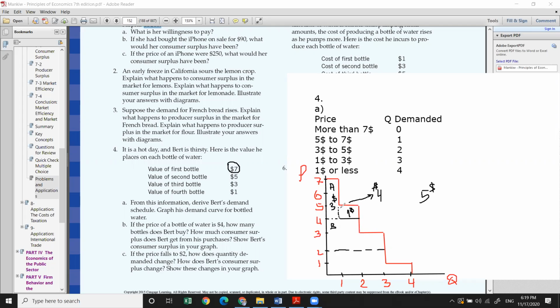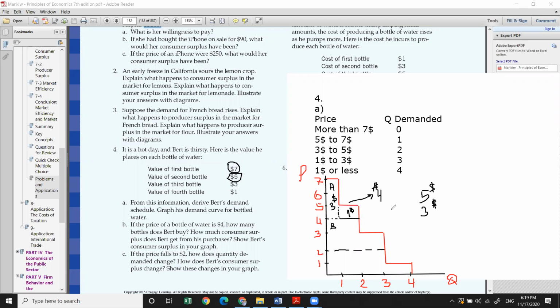From the second bottle, his consumer surplus will be equal to, tell me, he is actually paying $2, but the maximum he is willing to pay for the second bottle is $5. What is the consumer surplus? $3 for the second bottle.